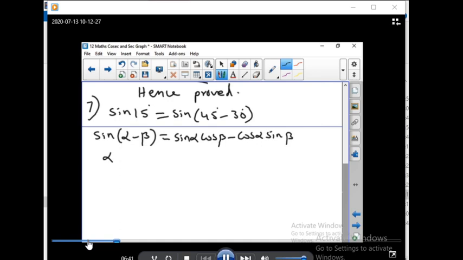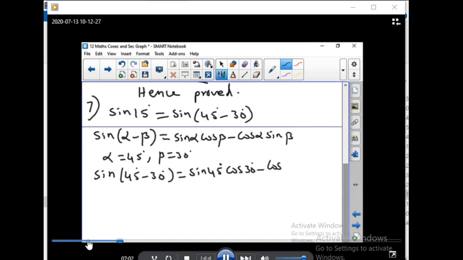Here alpha is equal to 45 degrees and beta is equal to 30 degrees. Substituting, sin(45 minus 30) is equal to sin 45 cos 30 minus cos 45 sin 30.